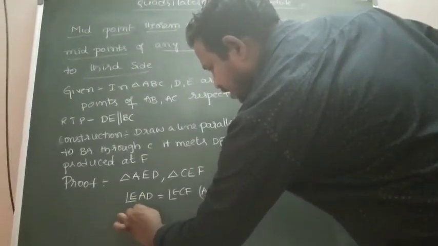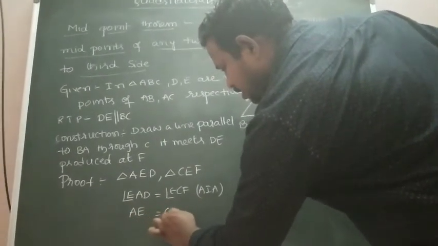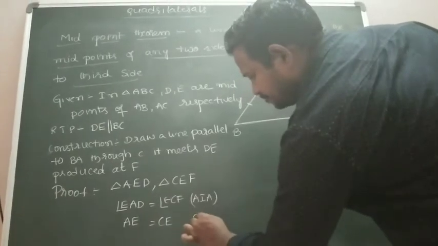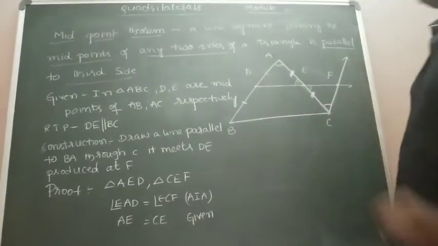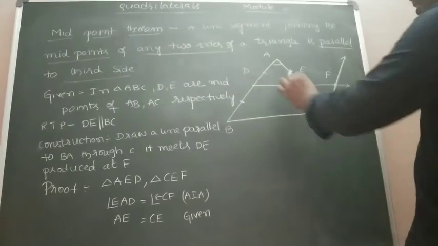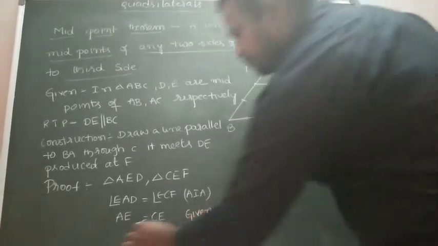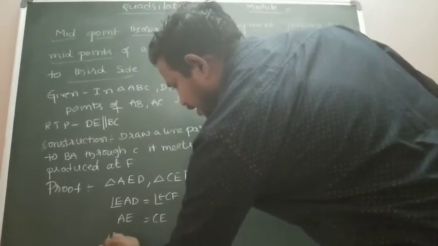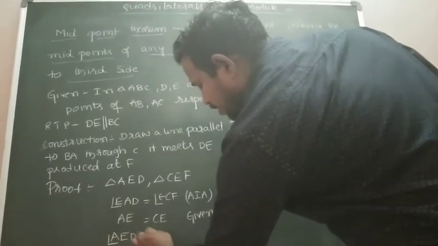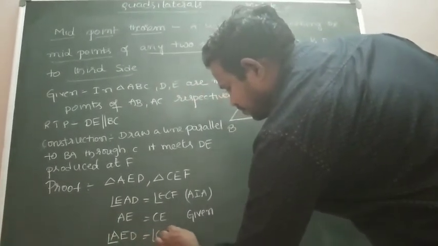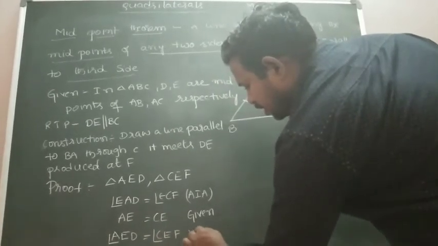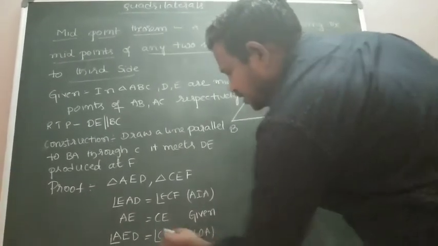Then this AE is equal to CE, it is given. Next, angle AED is equal to angle CEF, that is vertically opposite angles.